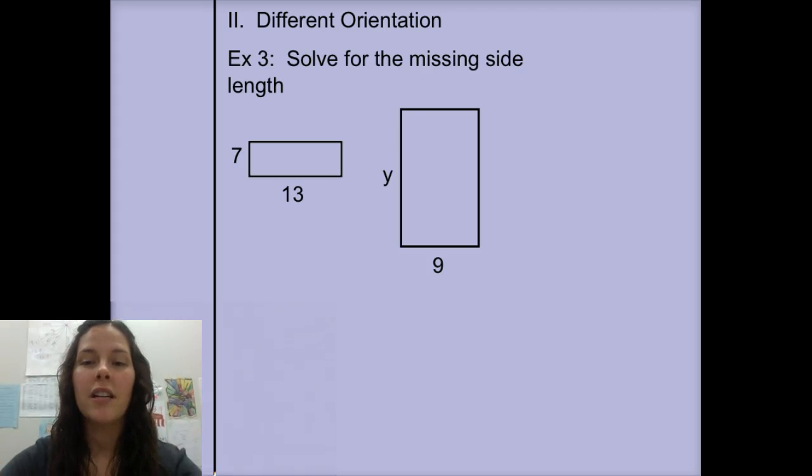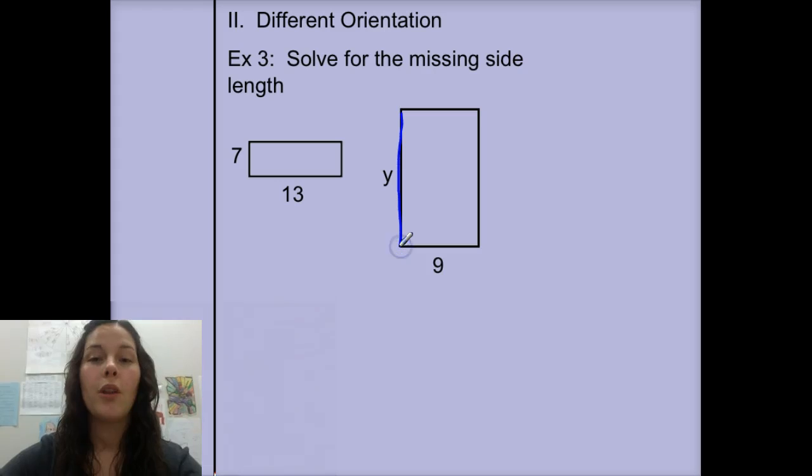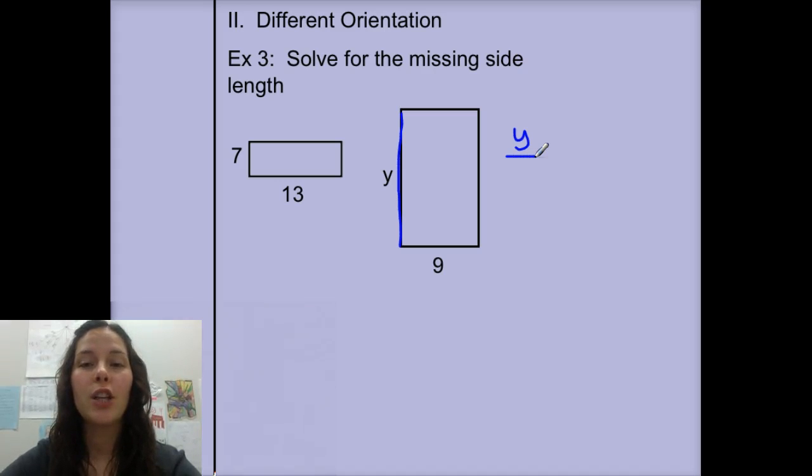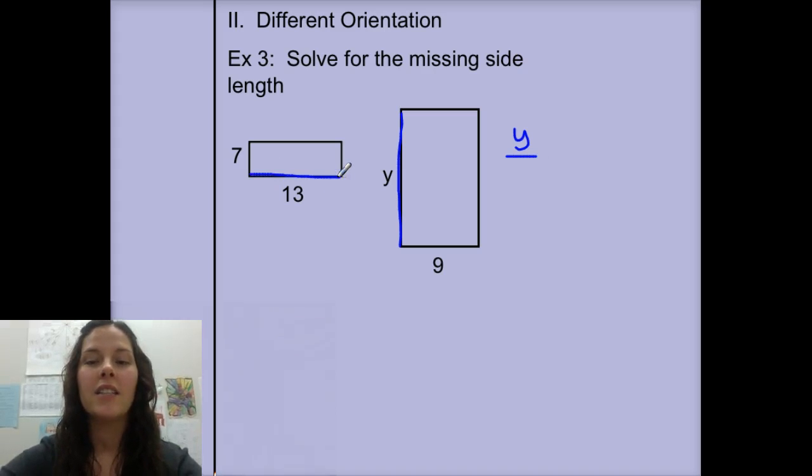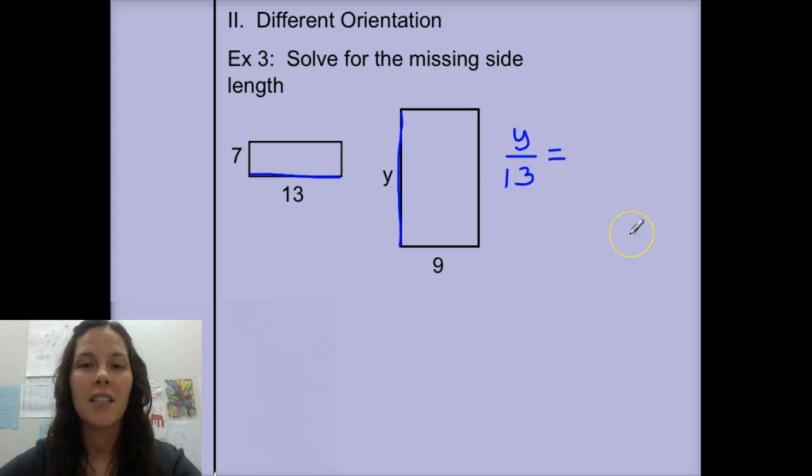I'm still going to start in the larger rectangle with my variable so that it ends up in the numerator and I don't have to flip. That makes an extra step for me. Notice that I used the longer side in the larger rectangle, so I'm going to use the longer side in the smaller rectangle so that those corresponding sides are still in the same ratio.